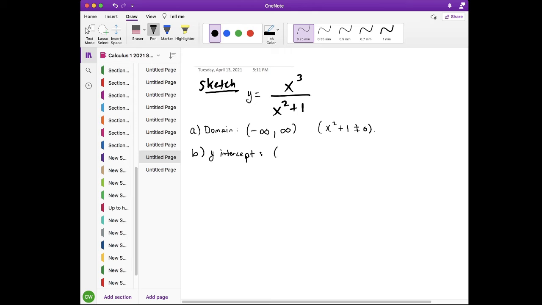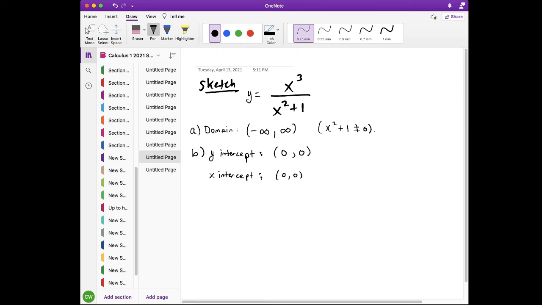It's always something comma 0. Sorry, other way around. It's always 0 comma something. Yeah, 0, 0. And then what's the x-intercept? Also 0, 0.